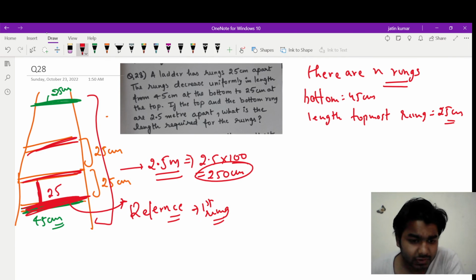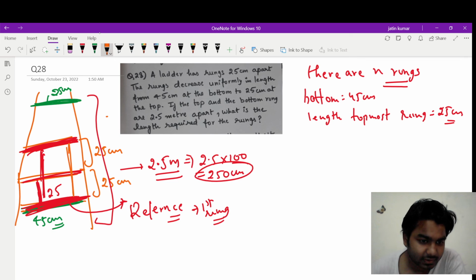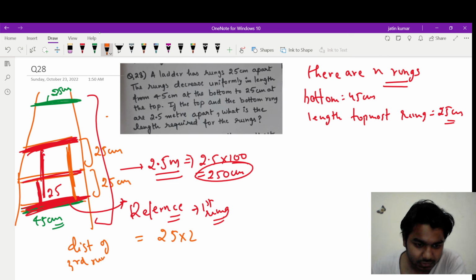Okay, now what is the difference between the third rung and the first rung? 50. Yes, this is the overall distance. 25 into 2, can I say, the distance of the third rung from the first rung, because I have taken the first rung as the reference point.